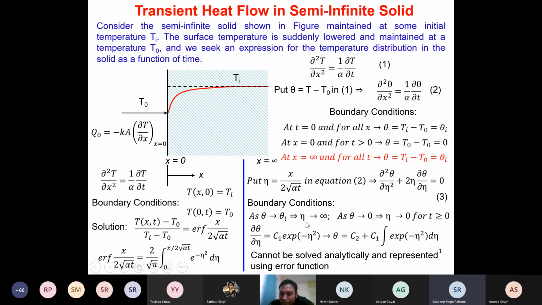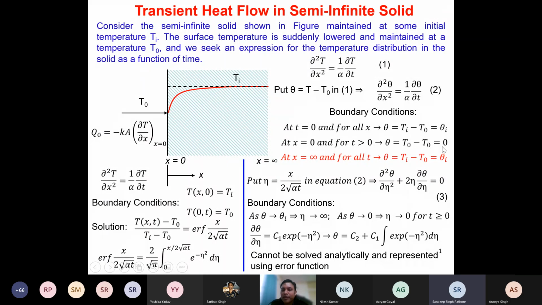Do you all agree? Yes, sir. So both these boundary conditions are now coupled in one boundary condition here. Does it make sense? And the second boundary condition is at eta equals to 0, my theta equals to 0, isn't it?